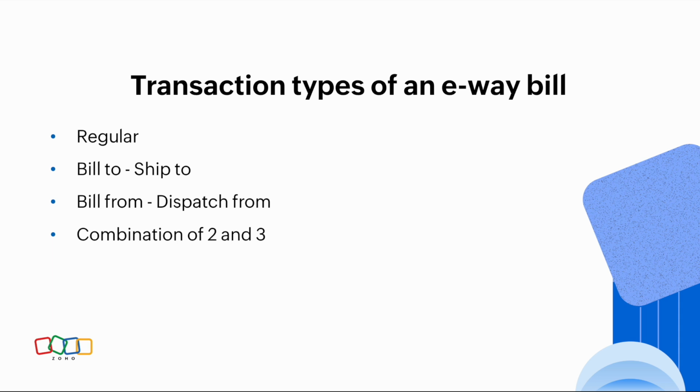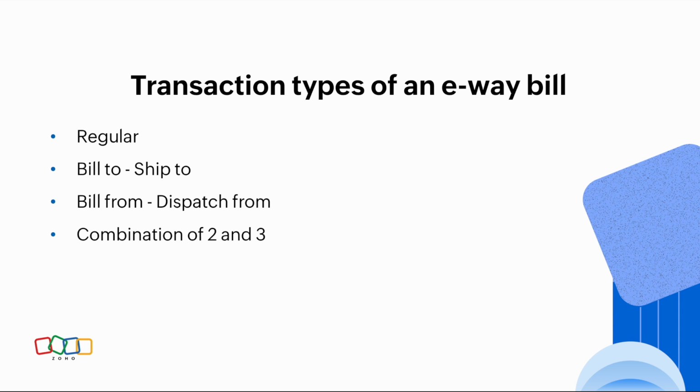The transaction type will be regular if only the bill from and bill to addresses are available in the e-invoice. In this case, the movement of goods is between you and your customer. The transaction type will be bill to, ship to if the bill from, bill to and ship to addresses are present in the invoice. In this case, the movement of goods is between you and the third party to whom your customer has requested the goods to be delivered.